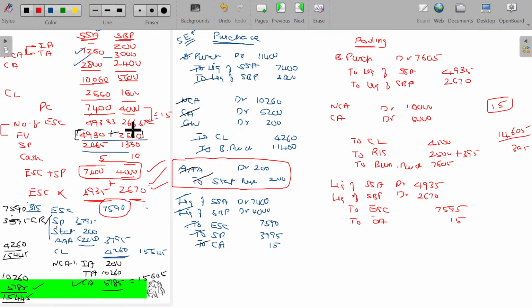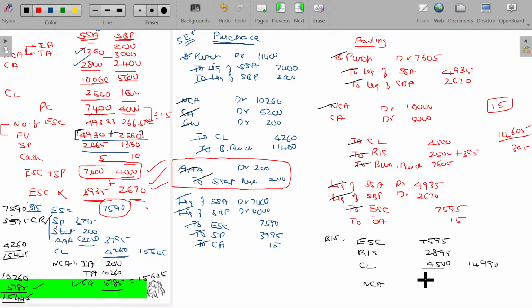Now in your balance sheet, business purchase got eliminated, liquidators got eliminated, leaving these things only. Equity share capital 7,595, reserves and surplus 2,895, current liabilities 4,500, total 14,990.